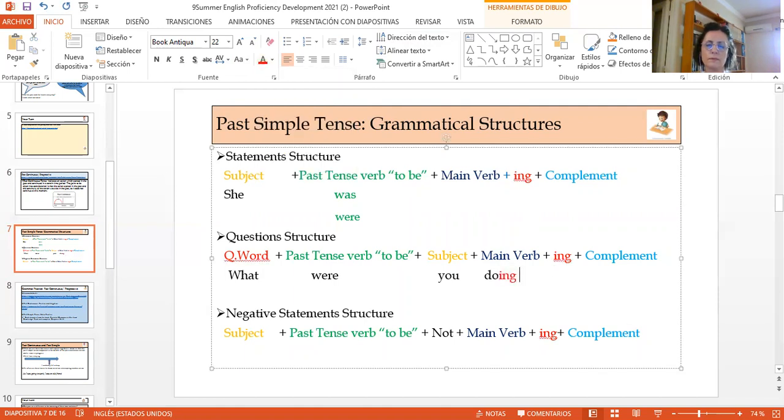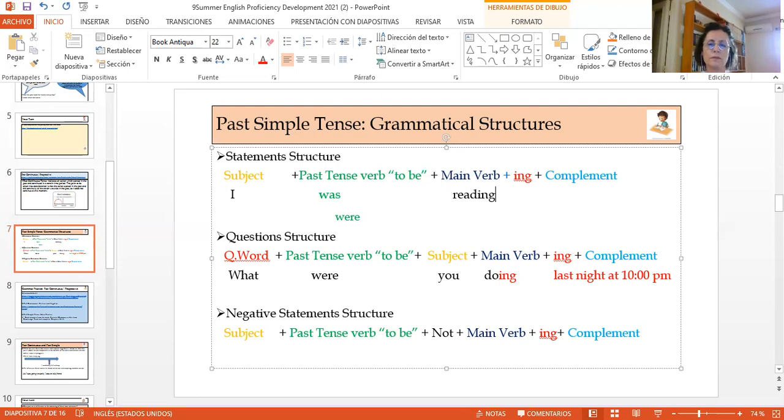Last night at 10 p.m. I was... main verb. I was reading.